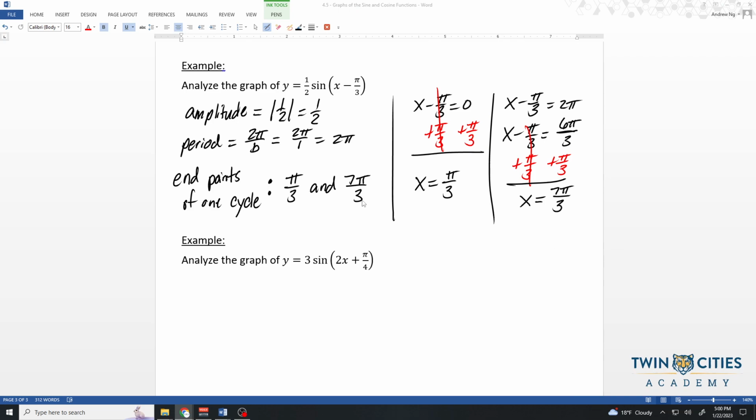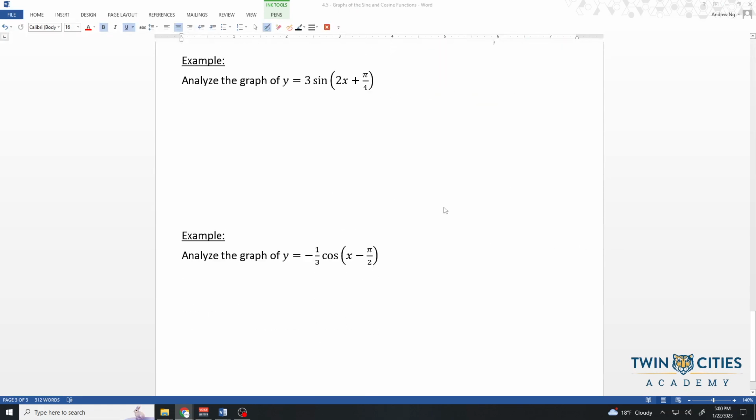Okay, let's look at the next one. Analyze the graph of y equals 3 times the sine of 2x plus pi over 4. So the first thing, again, is amplitude, that's the easiest one. The amplitude is going to be the absolute value of this number right here, 3.